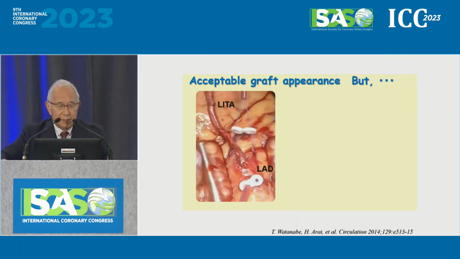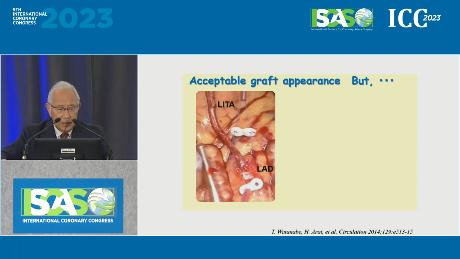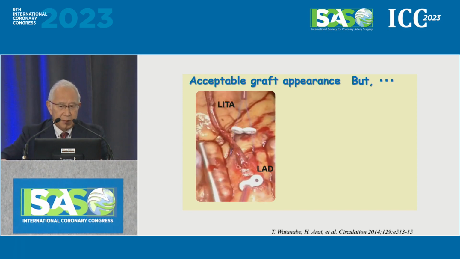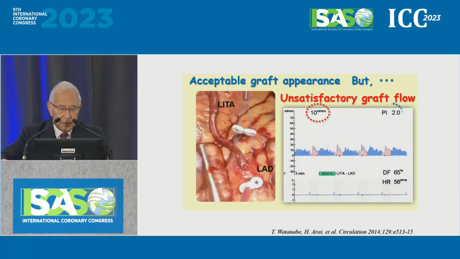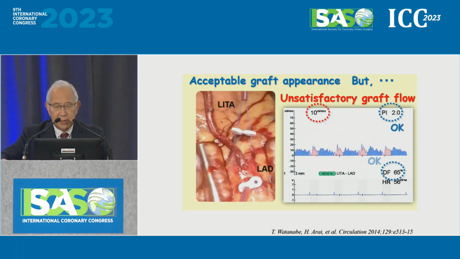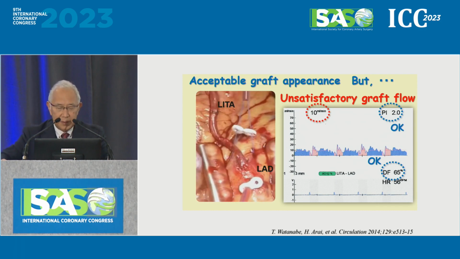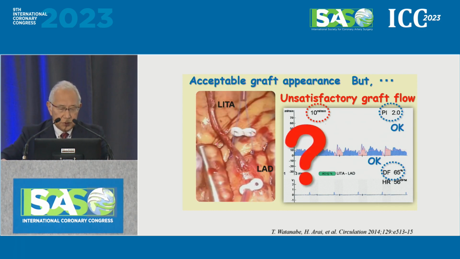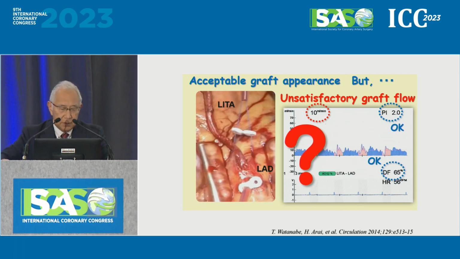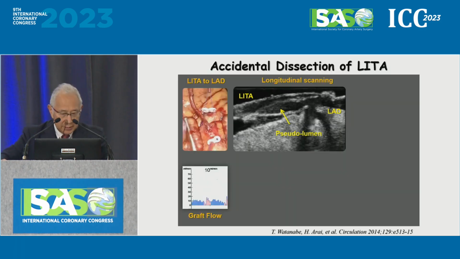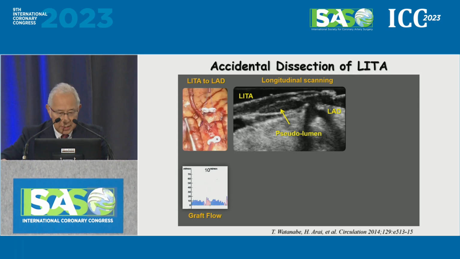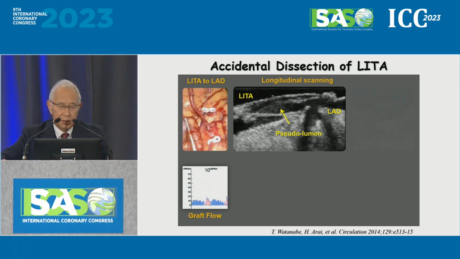This is another case where the graft looks acceptable in appearance, but the flow was 10 milliliter per minute. For a LIMA to LAD, 10 milliliter per minute is not acceptable. PI 2.1 is okay, diastolic filling 65% okay. So what should we do? Of course, we should do imaging. In this particular case, it was an accidental dissection of the LIMA.